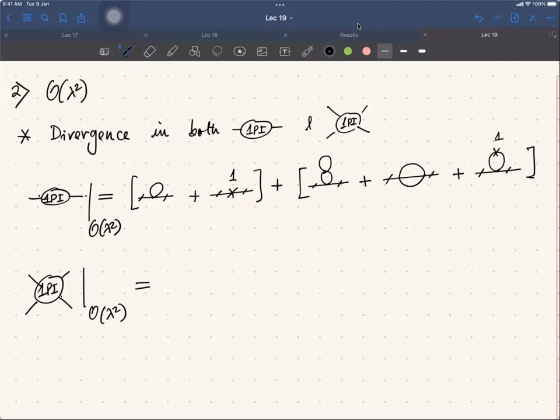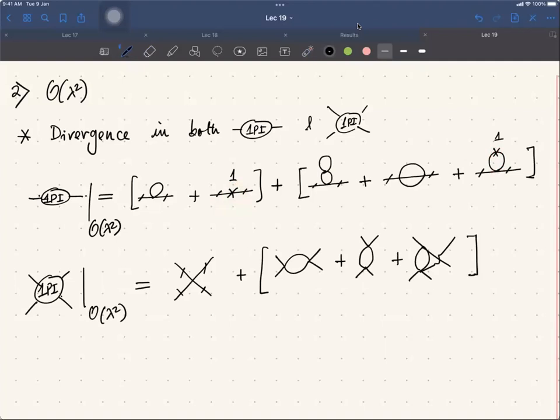The first diagram is the tree diagram. Then we have three lambda square diagrams at one loop, which we calculated earlier.